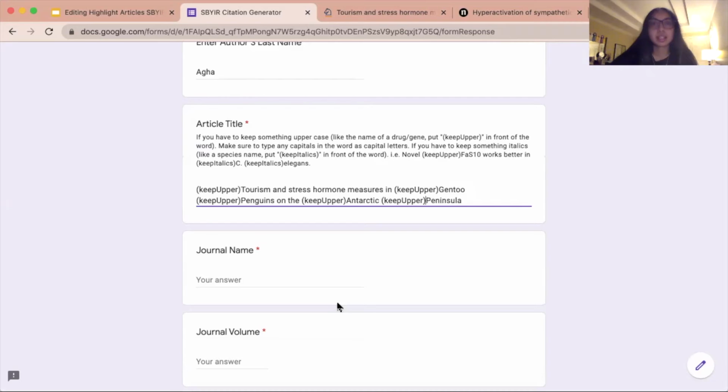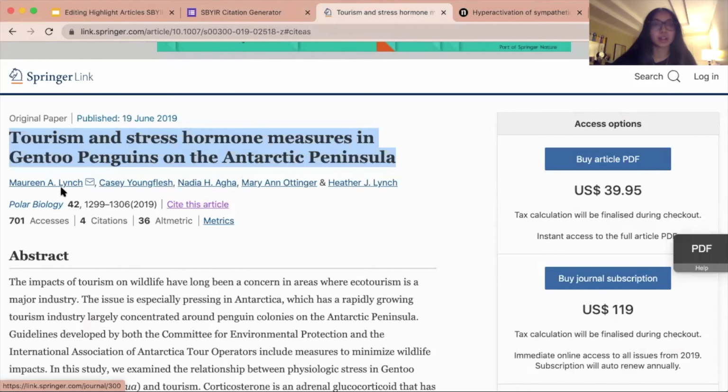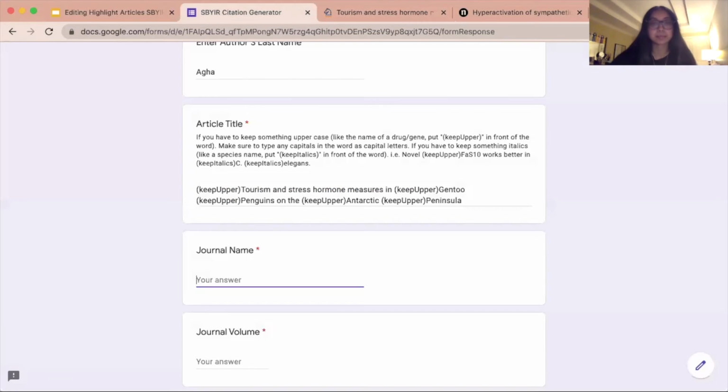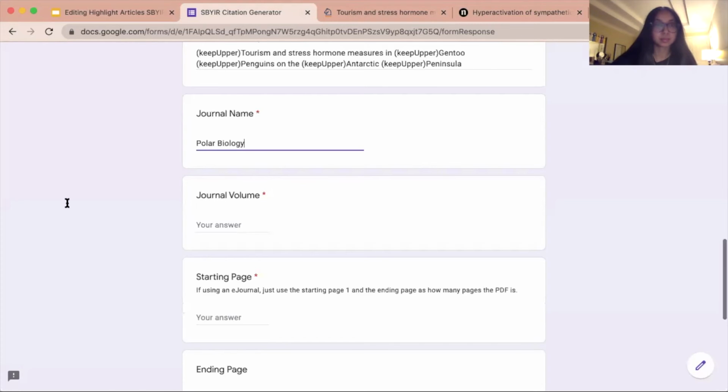So then it asked me for the journal name. The journal name is Polar Biology. So I'm going to put that in. Then it asks for journal volume, which is 42.